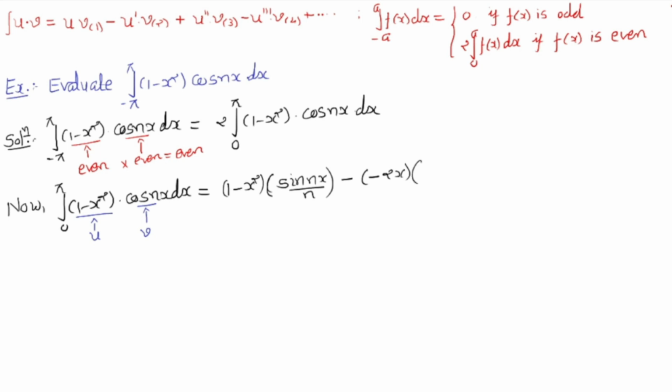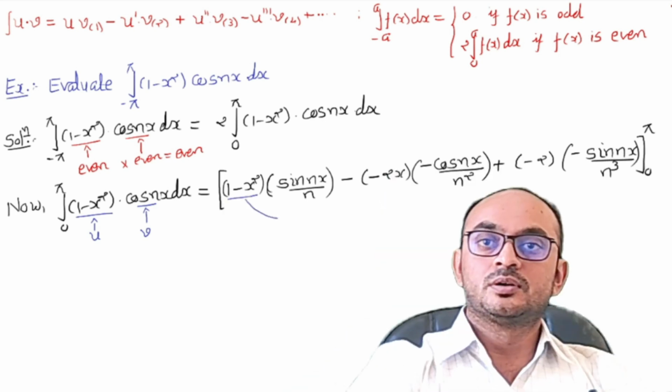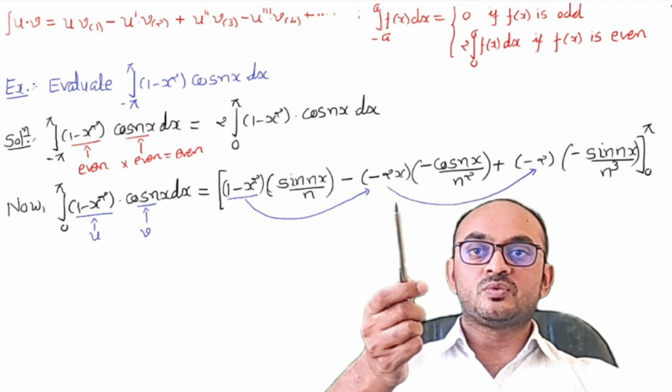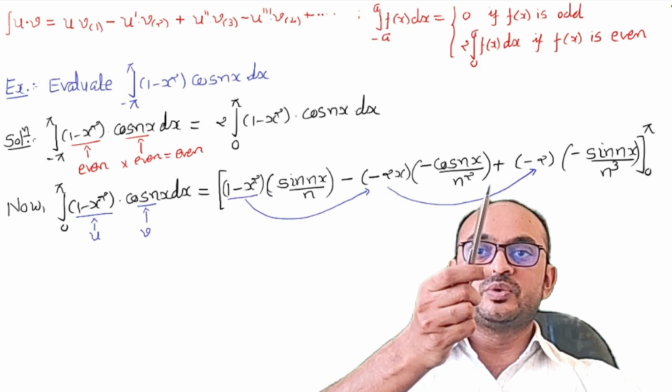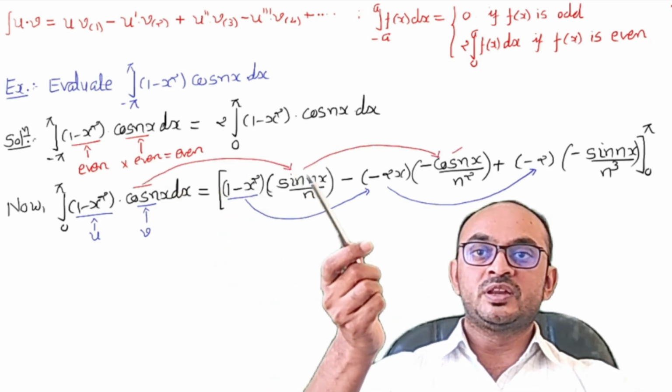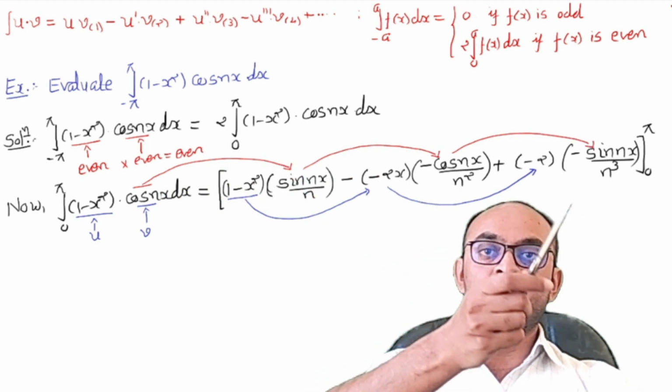Minus 2x into the integration of sin nx divided by n, which is minus cos nx upon n square, plus the derivative of minus 2x, which is minus 2, into the integration, which is minus sin nx upon n cube, over 0 to pi. So actually what we did here: we differentiate 1 minus x square, we differentiate minus 2x, which gives us minus 2, we integrate cos nx, we integrate sin nx, we integrate minus cos nx.